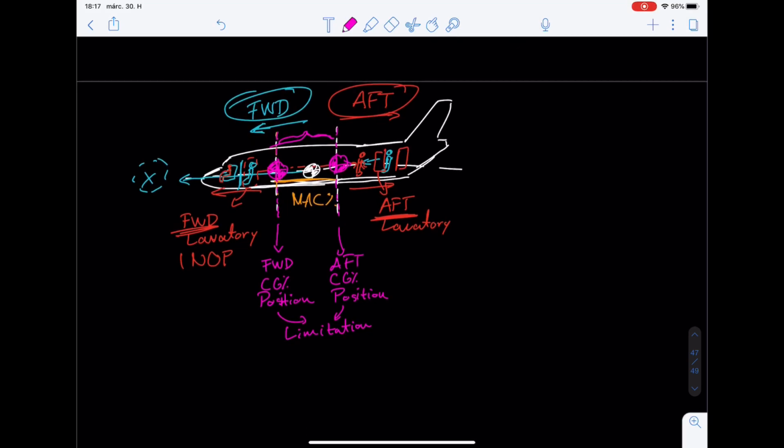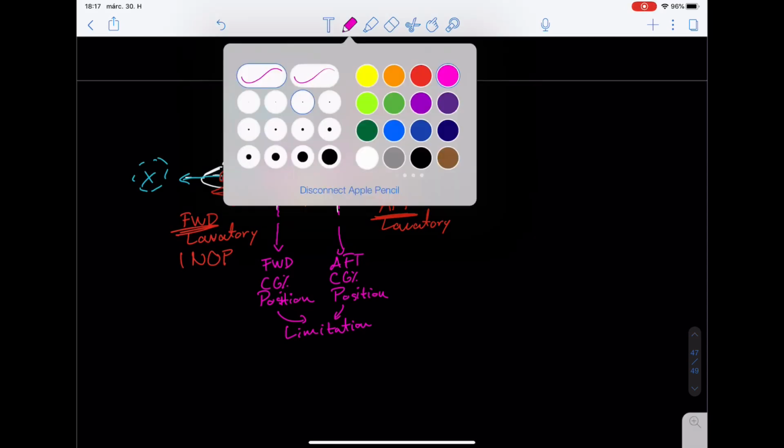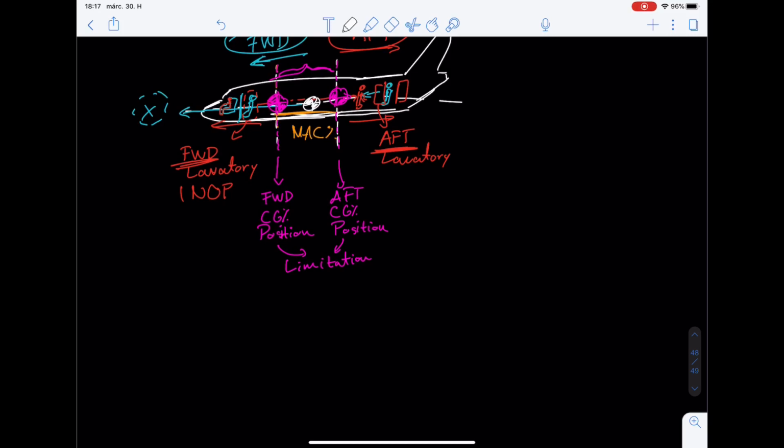What we have to look at, however, is the center of gravity's position in relation, so CG position relative to the center of pressure.